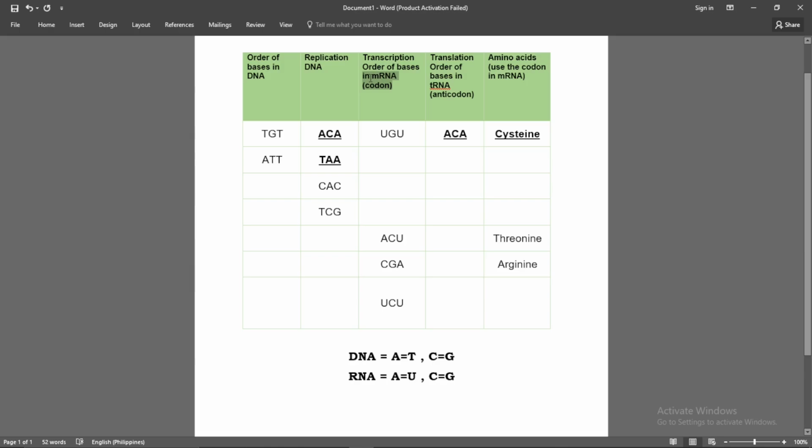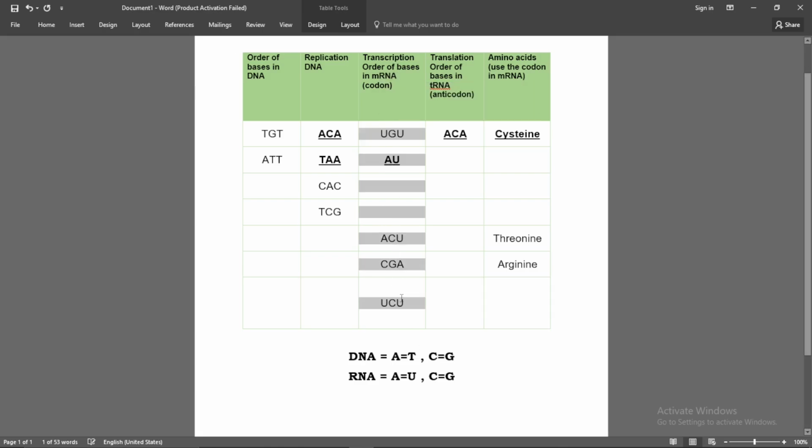Since the third column is going to be RNA, and the second column is DNA, we have to substitute for everything that corresponds to the T and the U difference between the two formulas. So T corresponds to A. A corresponds to U. It's U because we're using the RNA formula in this column.